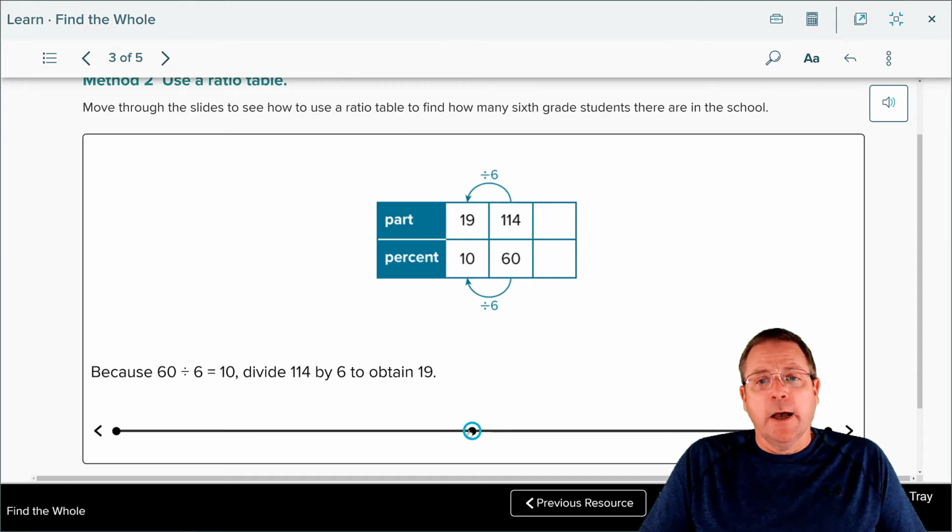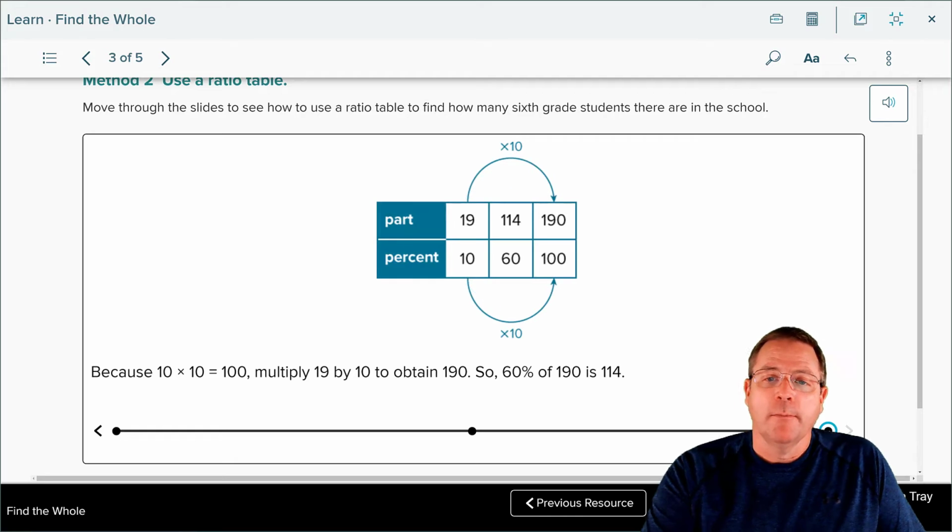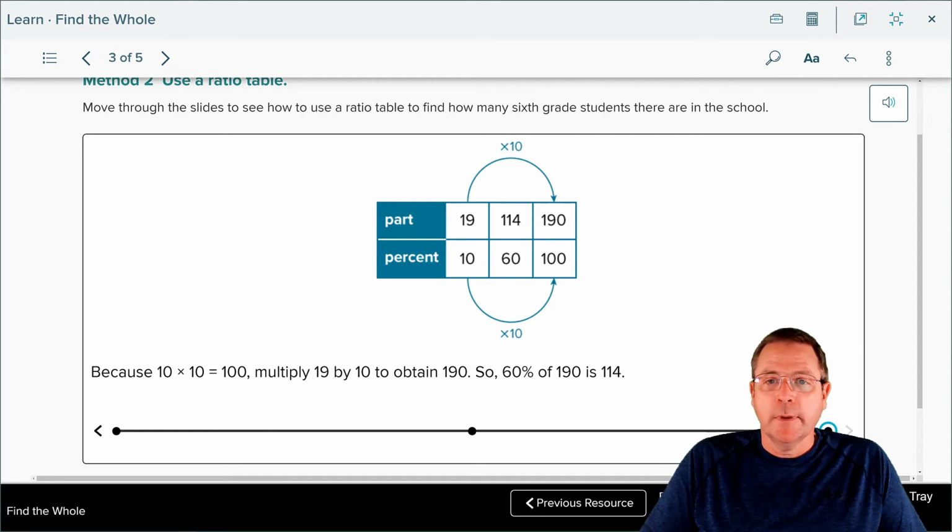So they divided the top and bottom by 6, just like we did on the bar diagram. And that said, well, if you had 114 to 60, you would have 19 to 10. Notice that the supporting work includes using the divided by 6 on the top and bottom. On the right hand side, now we're going to multiply both sides by 10.